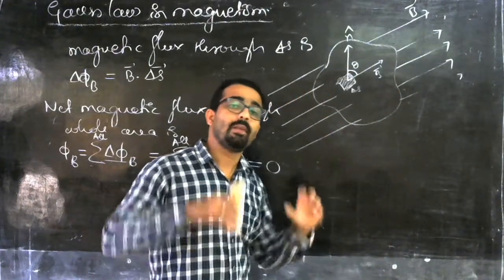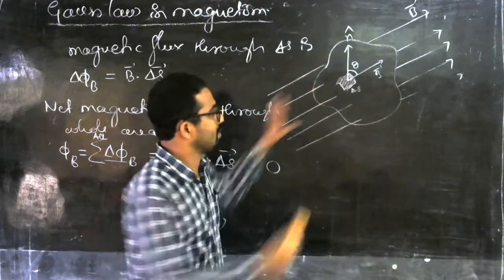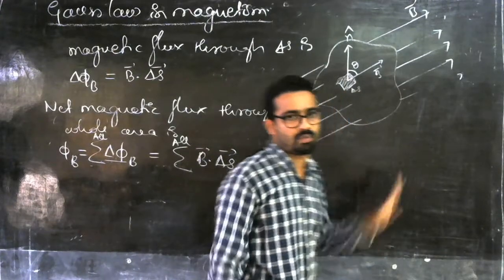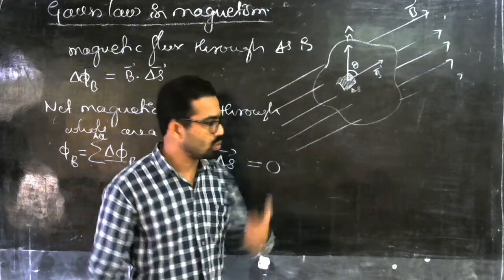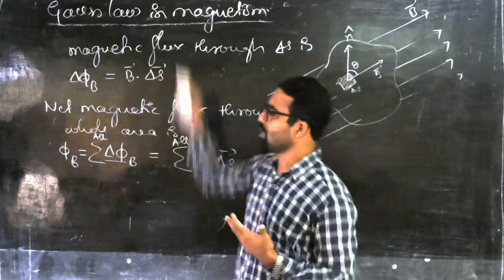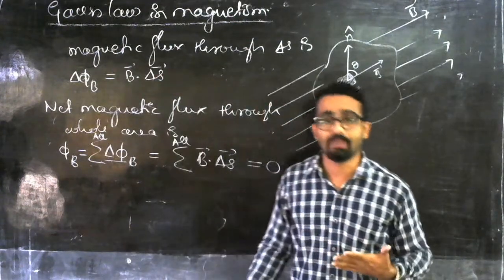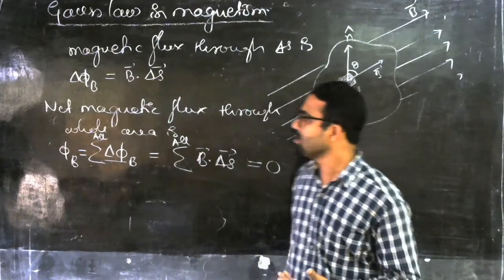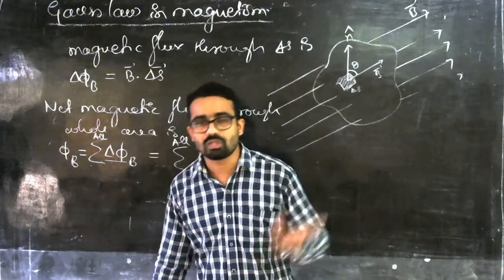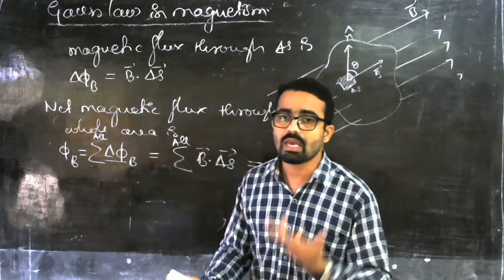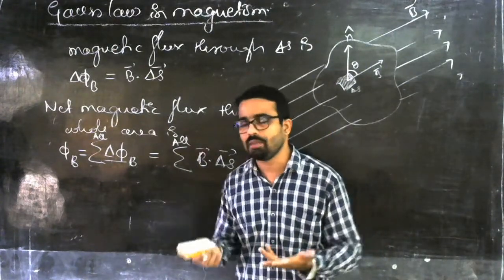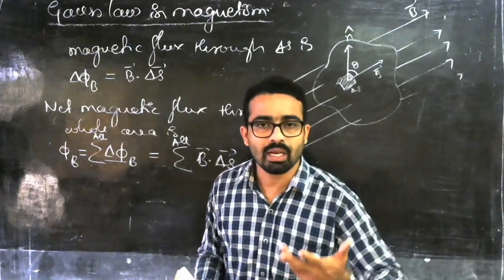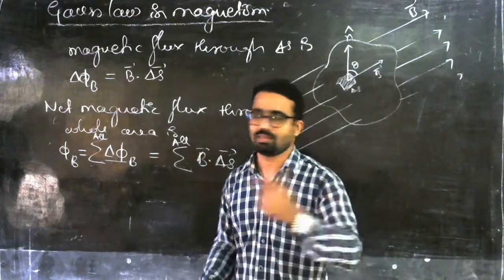That is why the magnetic flux through any closed surface, containing these two surfaces, will be equal to 0. So this is given by Gauss. That is why this is known as Gauss law in magnetism. The net magnetic flux through any closed surface will be equal to 0. This also gives us the idea that magnetic monopoles don't exist.